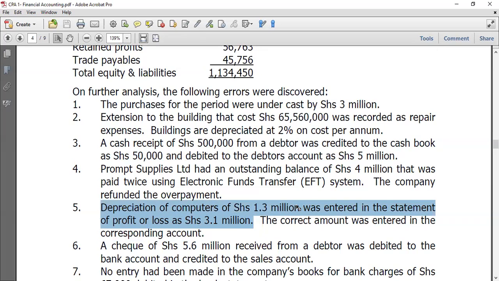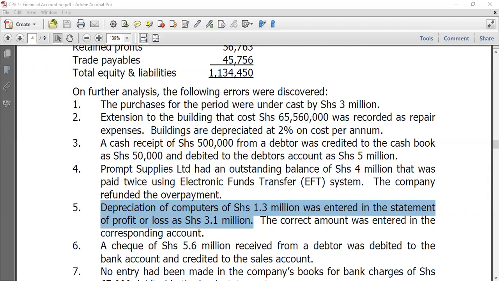Now, if they're telling us that we entered our depreciation in the P&L as 3.1, it means that we basically overstated our depreciation. Rather, it should have been 1.3.